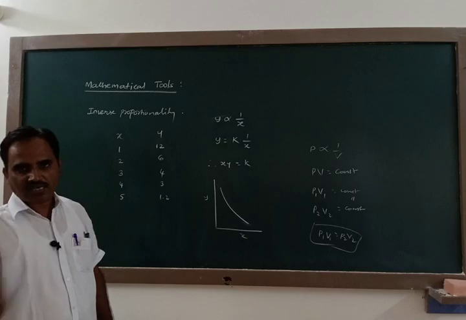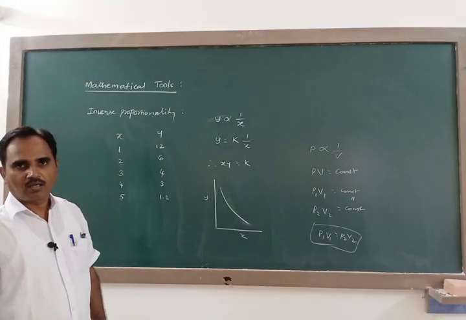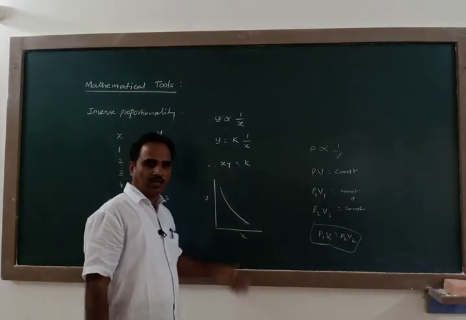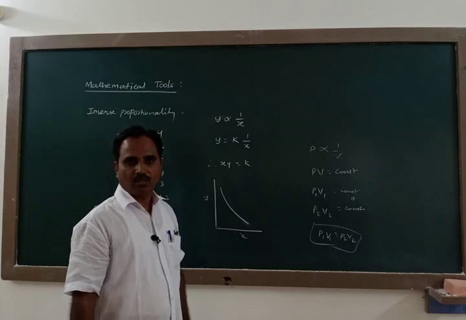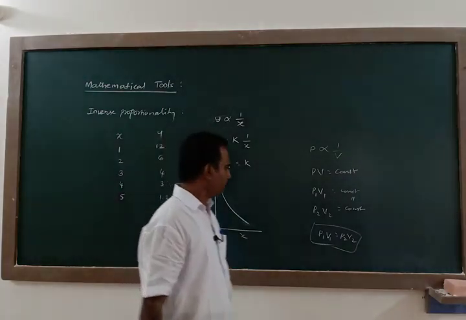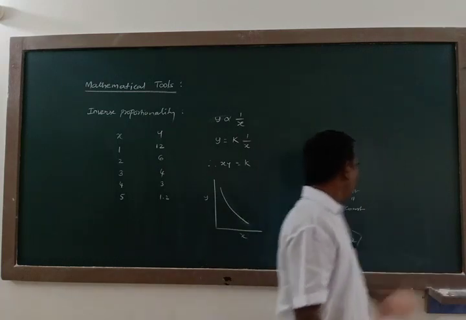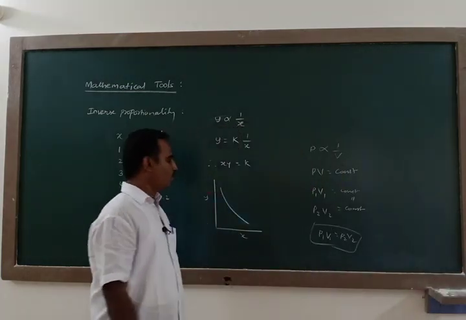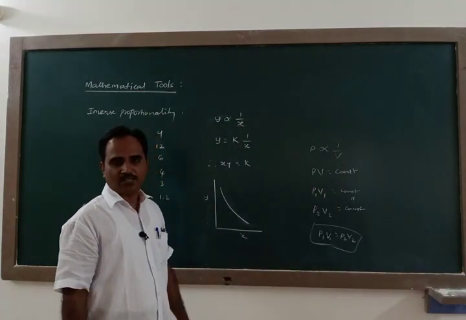It won't be a perfect straight line. So you get a curve like this. So when physical quantities are inversely proportional, the graphical relation will be like this.